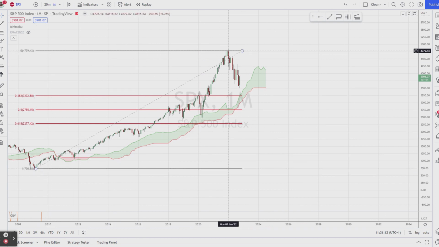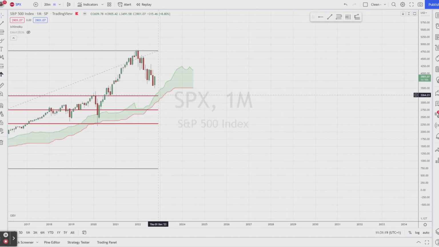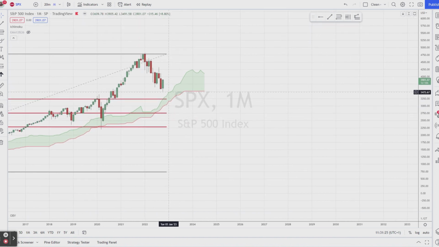For this impulsive move, if we're going to look into the future, that means that we should go down even further, somewhere around here. Obviously, this is something that we have to follow day by day and week by week and month by month.